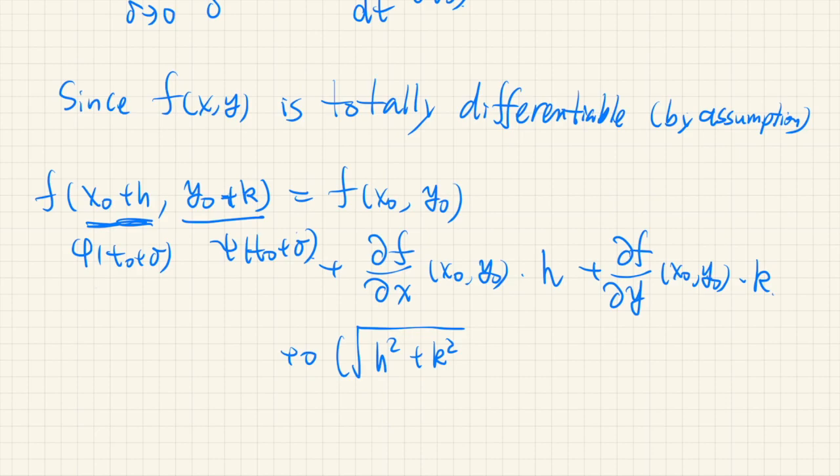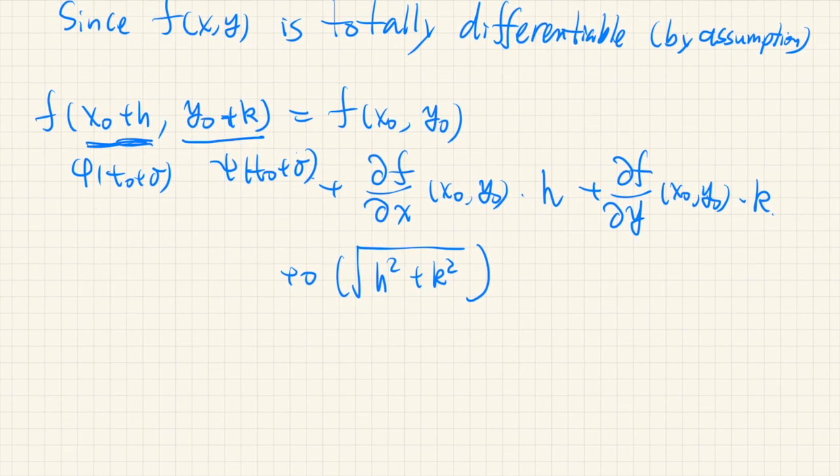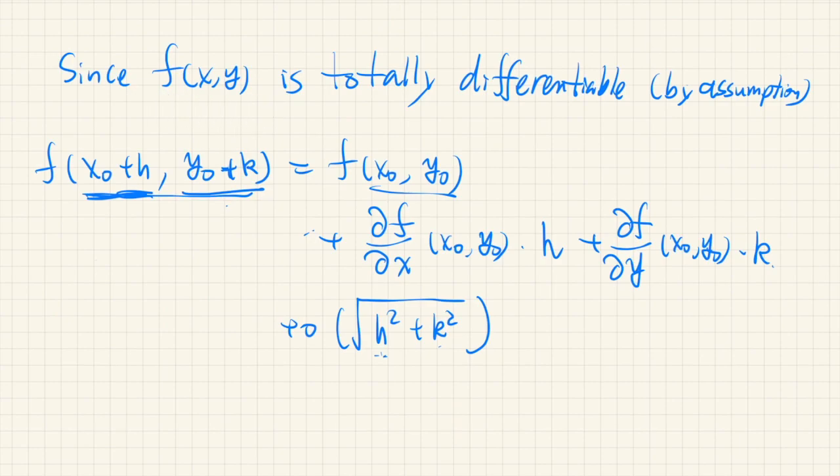And little o is in the distance from the origin of h and k, or the distance between this point and this point.